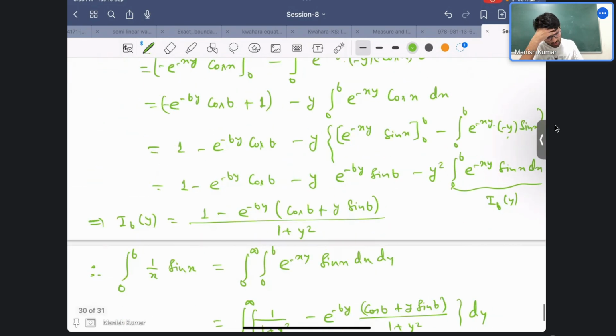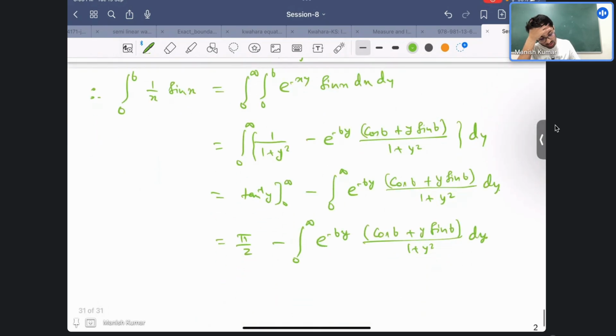Now you know that this is pi by 2, so now you have to take the limit b going to infinity. You had to find the value of this quantity when b goes to infinity. That was your main problem, right? So when you put b equal to infinity, where does this go?